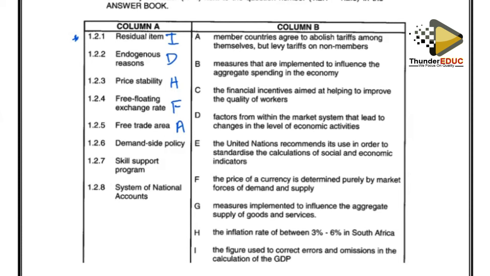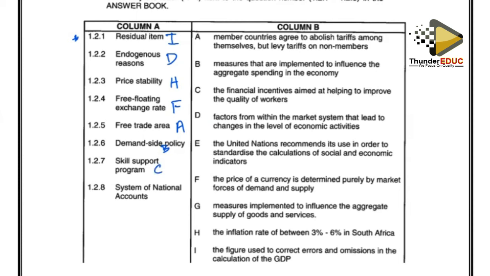So demand side policy, we check the measures that are implemented to influence the aggregate spending in an economy. So in this regard, our appropriate answer is going to be B. Okay, right. So 1.2.7, we have skill support program. So now this one, we check the financial incentives aimed at helping to improve the quality of work. So in this regard, we have C.